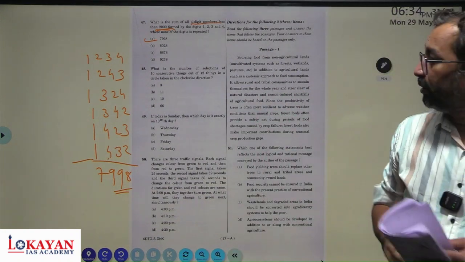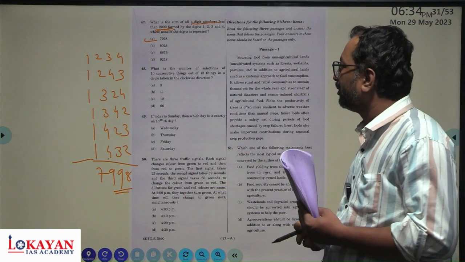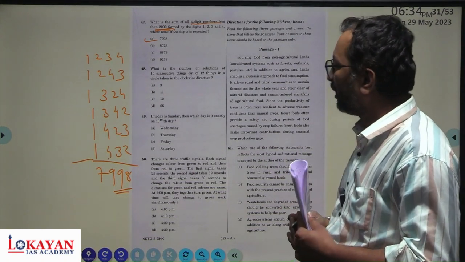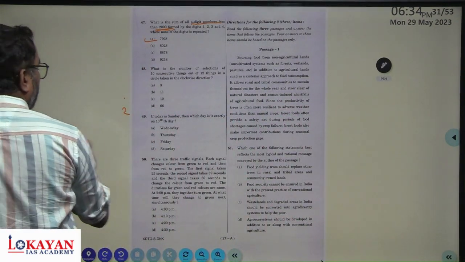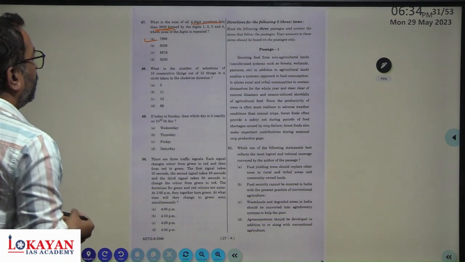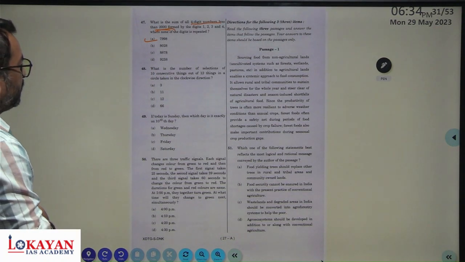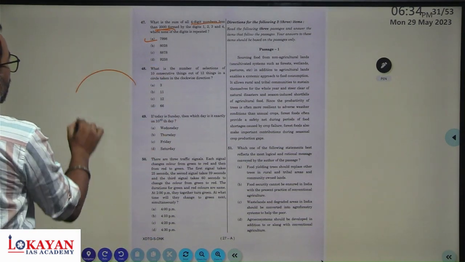Question 48. What is the number of selections of 10 consecutive things out of 12 things in a circle taken in a clockwise direction? See, interesting question it is. See, this is a circle.